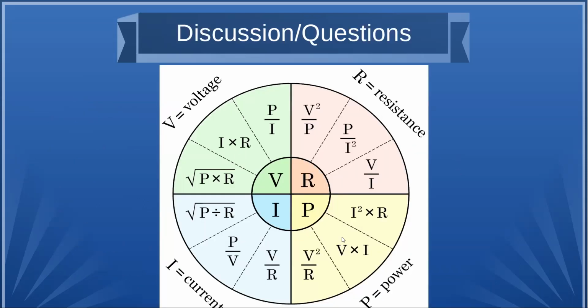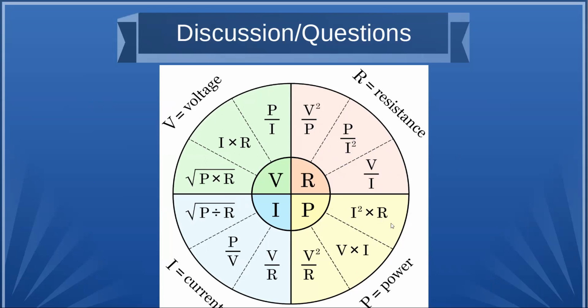Okay, here's a bigger pie chart, which I don't have copies of, but you could find it on the internet, which relates all of these things together, all the different laws. So if you want voltage, if you know any of these, these are the equations. If you want resistance, there's 3, depending on whether you know current and voltage, current and power, voltage and power.